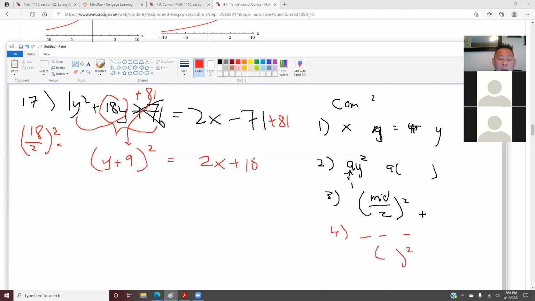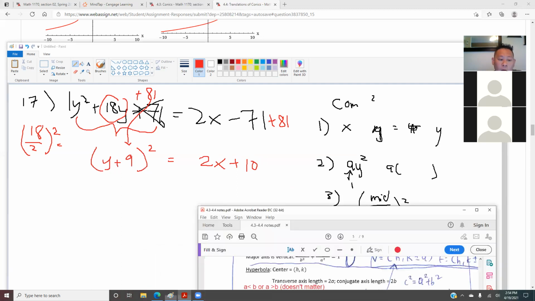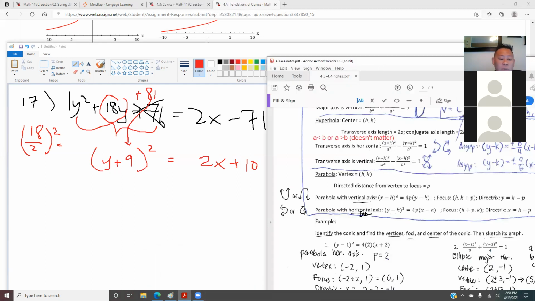Positive 10. Now, if you look at your formula for your parabola, is this vertical or is this horizontal? Again, is that x squared or is that y squared?